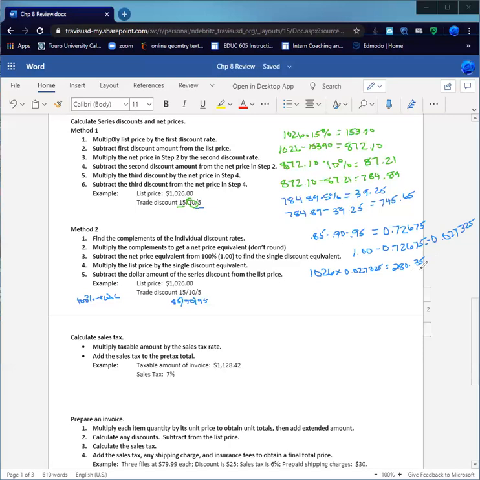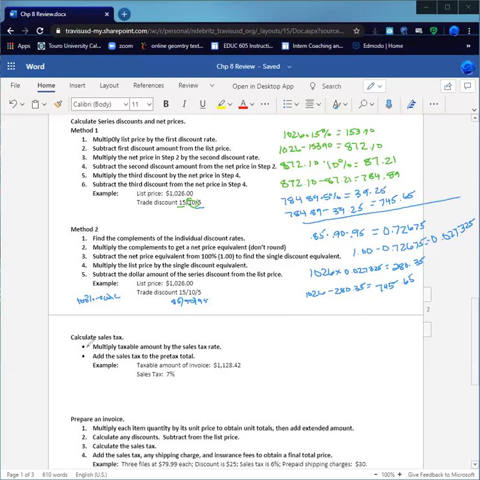That's the amount of total discount. Then I'm going to subtract that from the $1,026. That's going to give me $745.65. Notice that they gave me the same answer, even though I used different methods. So whichever method makes more sense to you, use that.